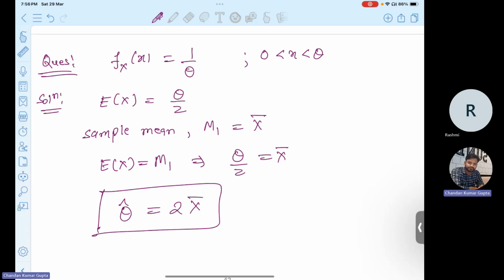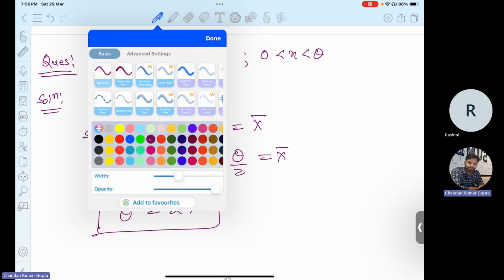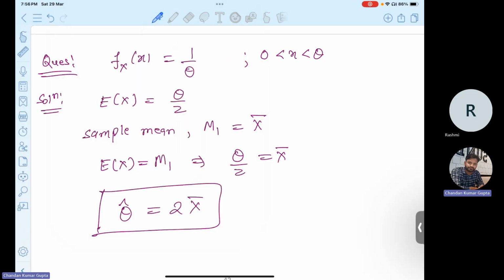Okay, we have not discussed the maximum likelihood estimate, but for the purpose only, the theta cap MLE is actually Xn, which is nothing but the maximum of the Xi, the greatest ordered observation.